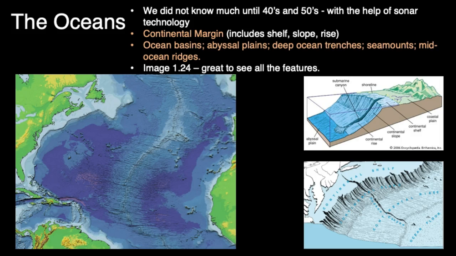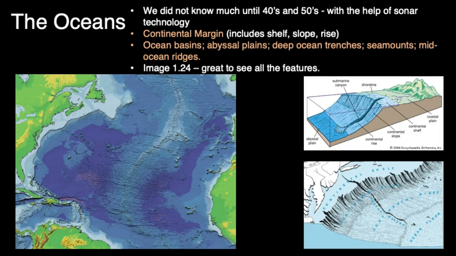The slope is the following part of the continental margin, and it's a relatively steep drop-off that extends from the outer edge of the continental shelf, which we call the shelf break, to the floor of the deep ocean.